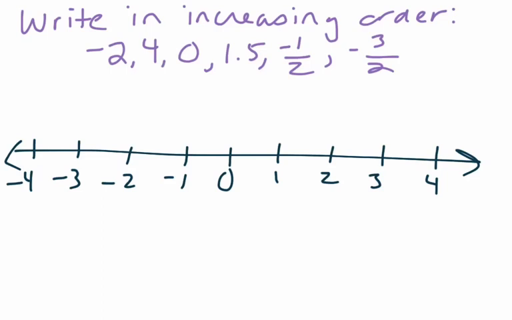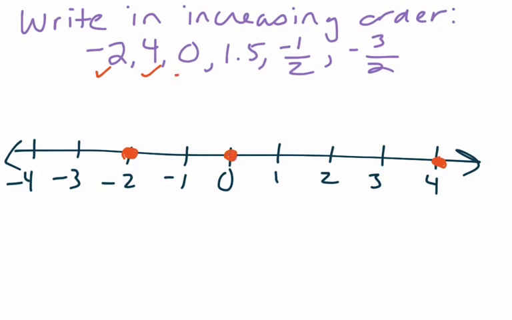So we're going to write these in increasing order, which would be from left to right on the number line, by plotting them on the number line, and then we can just read them off. I'm going to go ahead and plot negative 2. I'll put a little check mark next to it when I do it. 4, which is way over here to the right. 0, which is my favorite number.